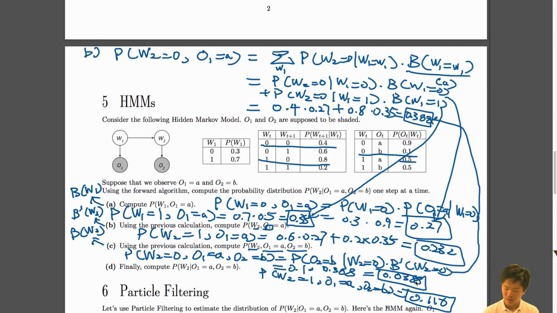I'm going to omit the intermediate step, but it's exactly the same pattern matching. So you basically use the probability of O2 equals B conditioned on W2 equals 1, times the B prime of W2 equals 1. So yeah, that's the big idea over here.